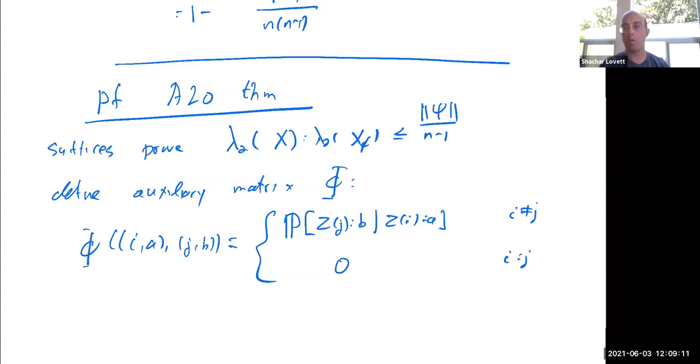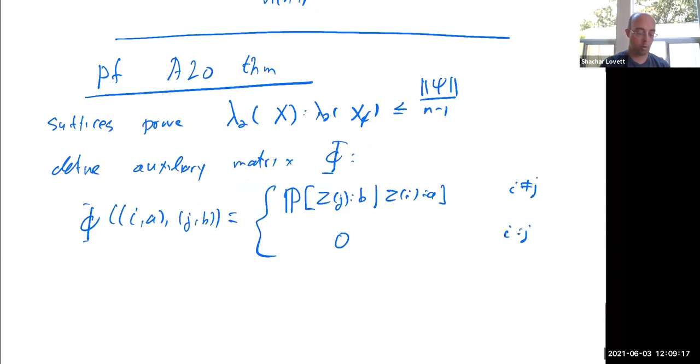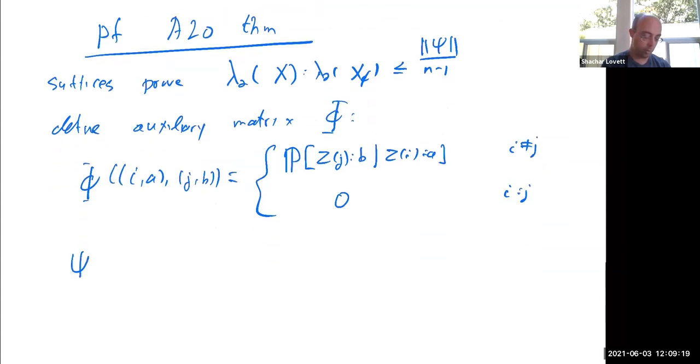So that's basically half of the definition we had for spectral independence. But just to remind you, our definition for psi, so psi IAJB, was the same, but we also had minus the probability of Zj is B when i is different from j, right?